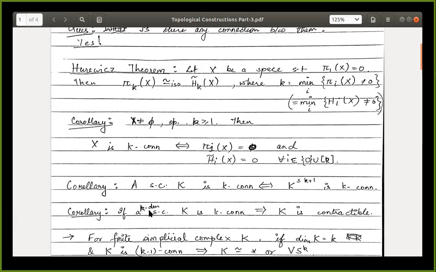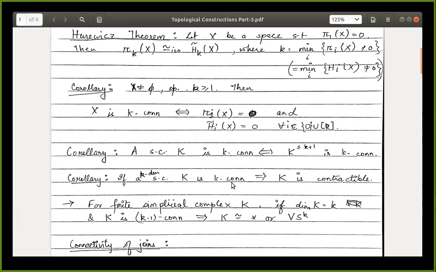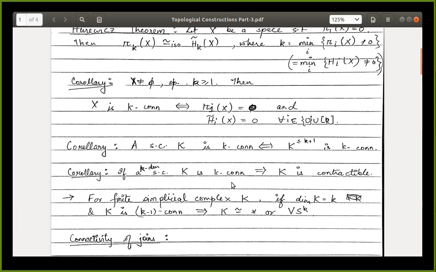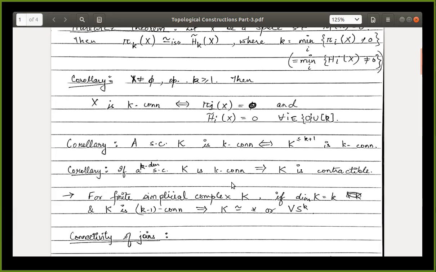Because if this is k-dimensional, then the (k+1)-skeleton of K is nothing, right? So by default it becomes contractible. Just use this one. So a k-dimensional simplicial complex being k-connected actually tells you that it is contractible. It is of the same homotopy type as a single point.